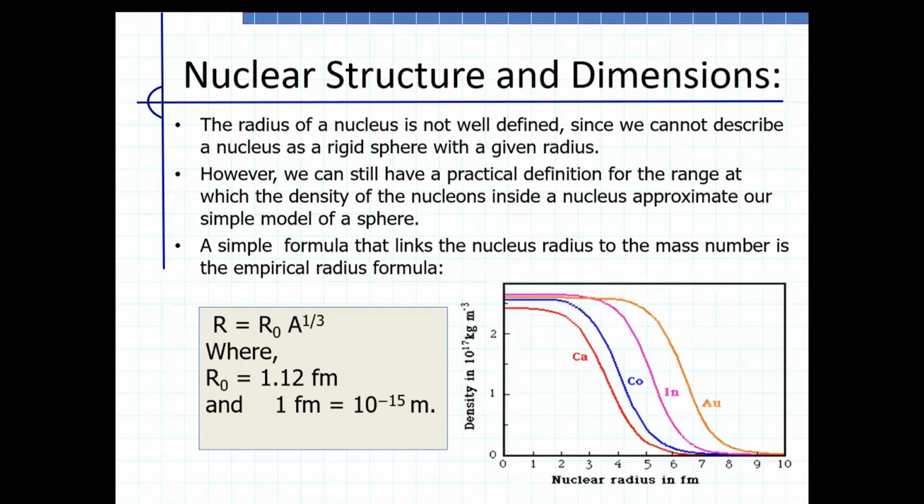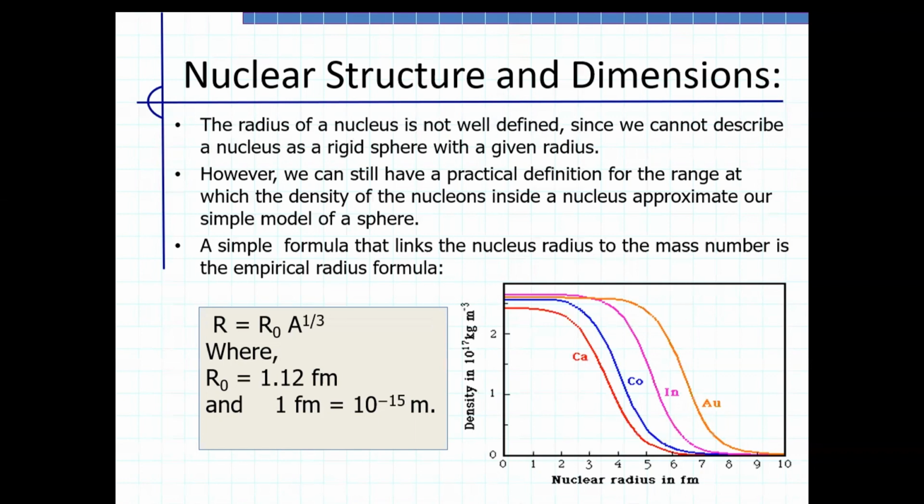If we do the scattering experimentation, we can find out that the nuclear density is almost constant. That is, density stands for the mass per unit volume.